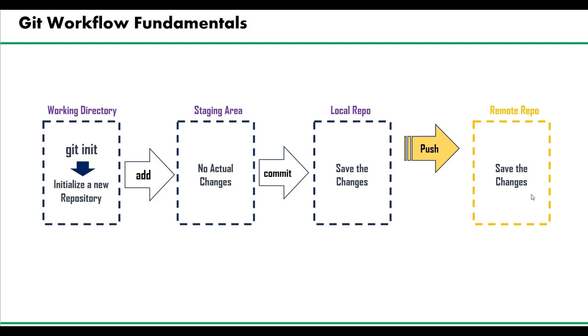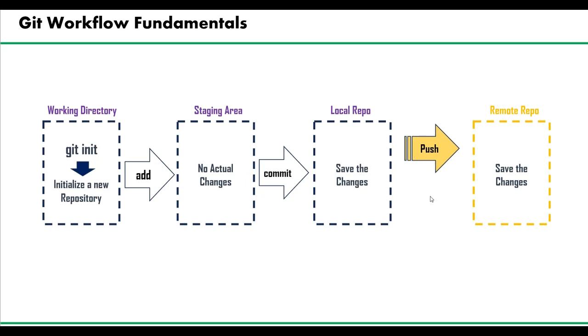You know the process. So if we go through that again very quickly, we add the file when we have some changes here. We add the file to the staging area. Then we commit the changes to the local repository when we save the changes. And then we push them into the remote repository using the git push command.